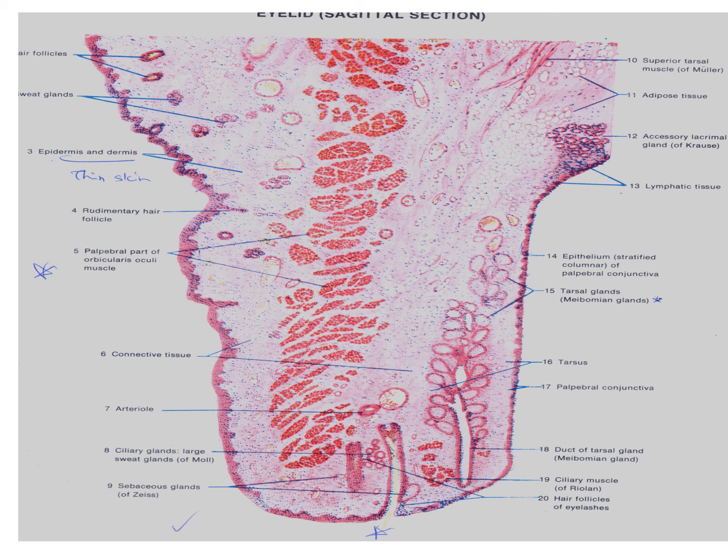Now the applied histology of the eyelid. Sometimes a stye occurs here, which we call Anjani in Gujarati. It is also named external hordeolum. It is an acute suppurative inflammation of the sebaceous gland of Zeis, the apocrine gland of Moll and the eyelash follicle. And what is a chalazion? It is a very common lesion and is a chronic inflammatory process involving the meibomian gland.